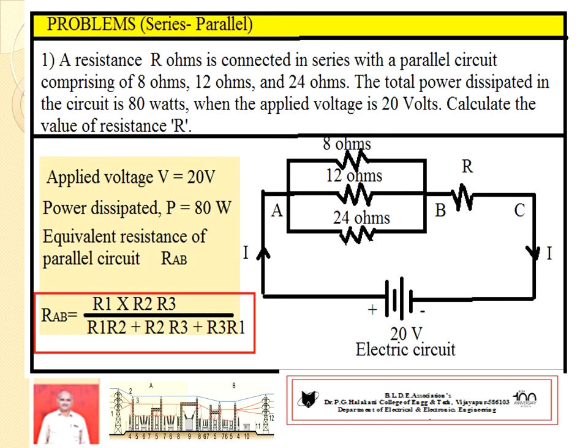Now before going to that, the very first step is to find the equivalent resistance of the parallel circuit. So 3 resistances are there. Find that RAB equals R1 into R2 into R3 divided by R1 into R2 plus R2 into R3 plus R3 into R1.